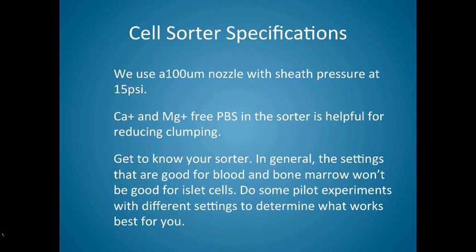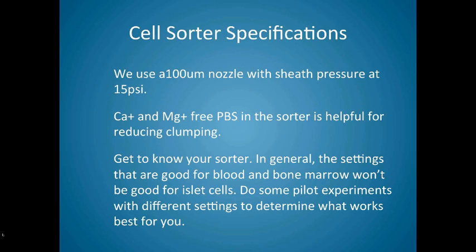So first of all, the thing that I want to stress is that you need to optimize your flow cytometer. We have an Influx, and we use a 100 micron nozzle with 15 psi sheath pressure, but it's really important that you look at your sorter and play around with different settings and different nozzle sizes and empirically choose what is going to work best for the cells in your hands.